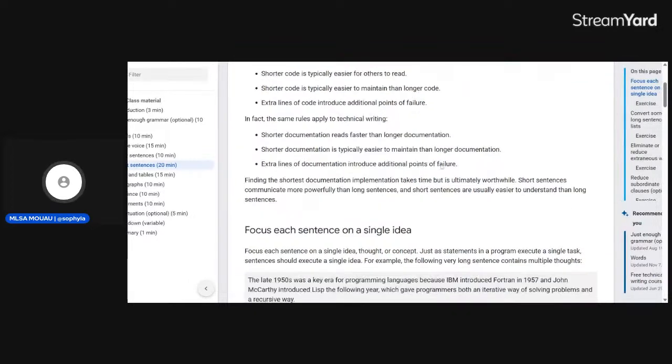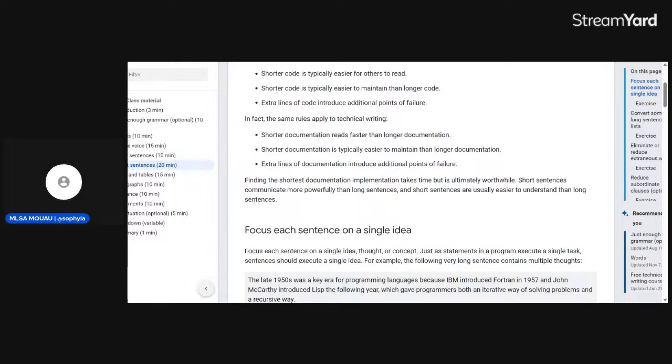It also says shorter documentation is typically easier to maintain than a longer one, which is also true. And extra lines of documentation include additional points of failure.